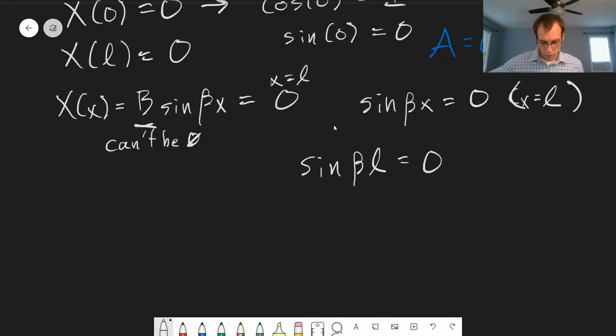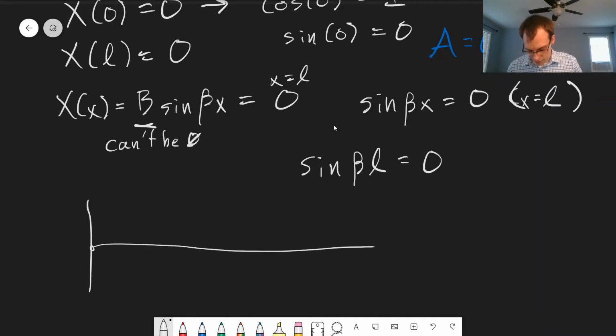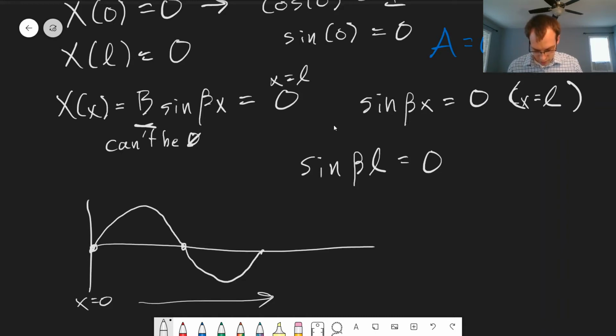Now, let's look at the properties of a sine function. If I draw out a sine function, if we call this x on our axis here, so x equals 0 and increasing here. A sine starts at 0, increases and then decreases, goes down like this and keeps going.